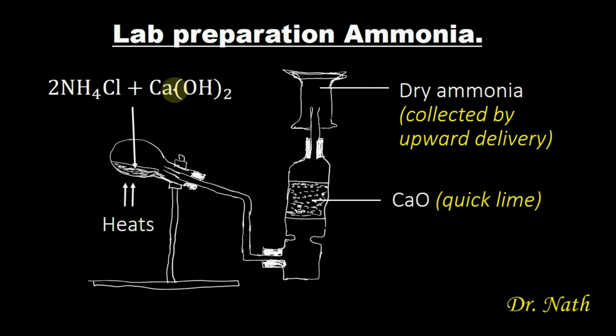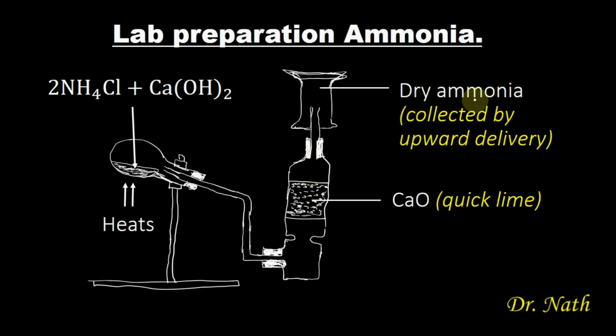This is a setup for the laboratory preparation of ammonia. So we have a powdered mixture of ammonium chloride and calcium hydroxide. When this mixture is heated, they react to form ammonia, and the ammonia that is formed will be collected by upward delivery.